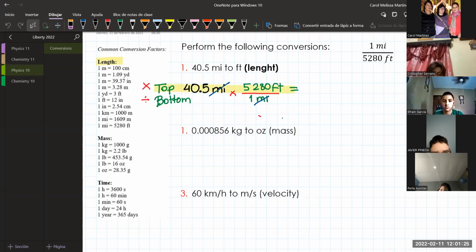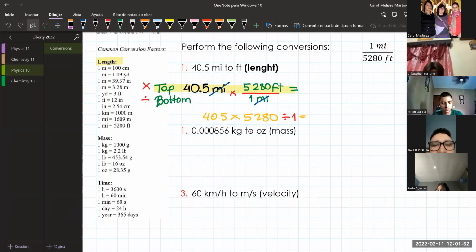So in your calculator, what you will do is 40.5 times everything that is in the top. In this case, the value in the top is 5,280. And below what you have is 1, which means that it's not going to multiply, but it's going to be divided. In the calculator, this is the right way to do it.